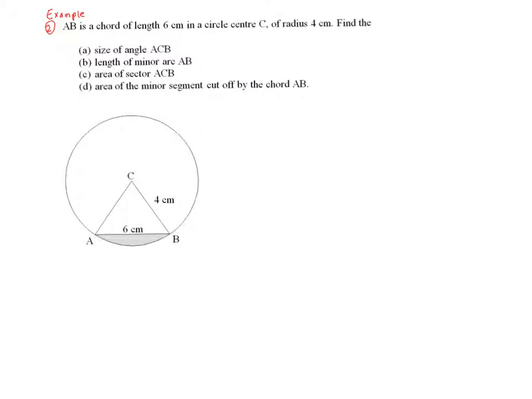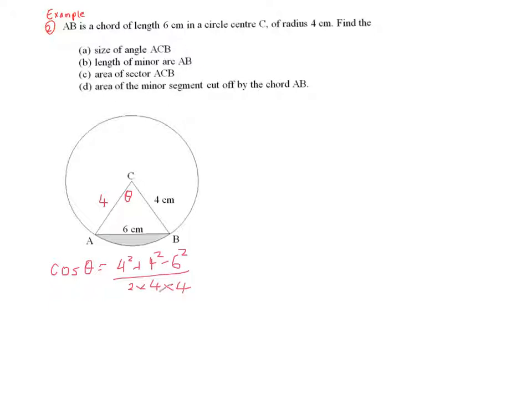In this next example, AB is a chord of length 6 centimetres in a circle centre C of radius 4 centimetres. Find the size of angle ACB. If we let angle ACB equal theta, we can find this angle using the cosine rule, because AC, being the radius of the circle, is also 4 centimetres. So cos theta equals 4 squared plus 4 squared minus 6 squared all over 2 times 4 times 4.